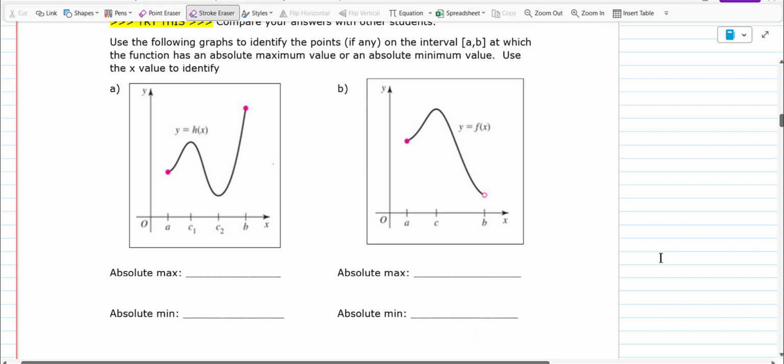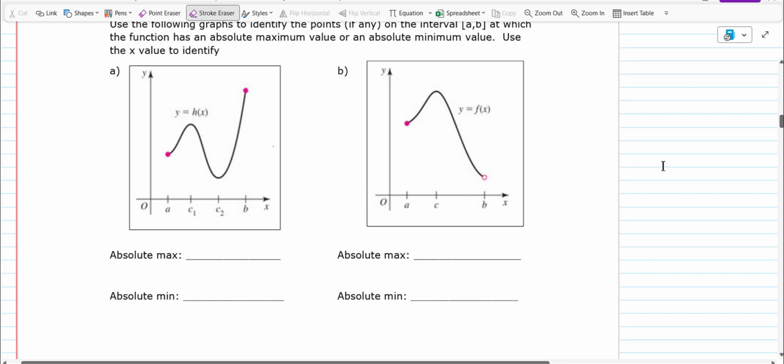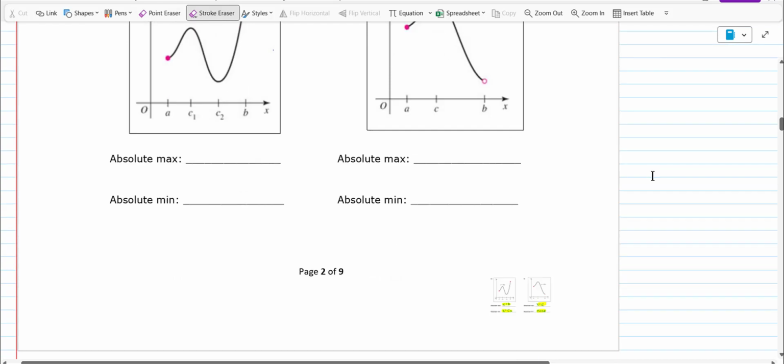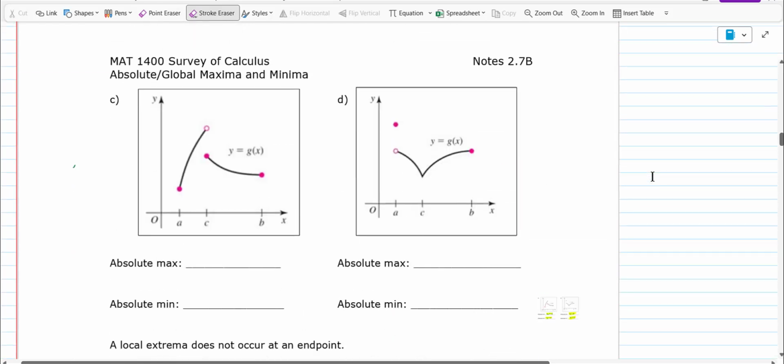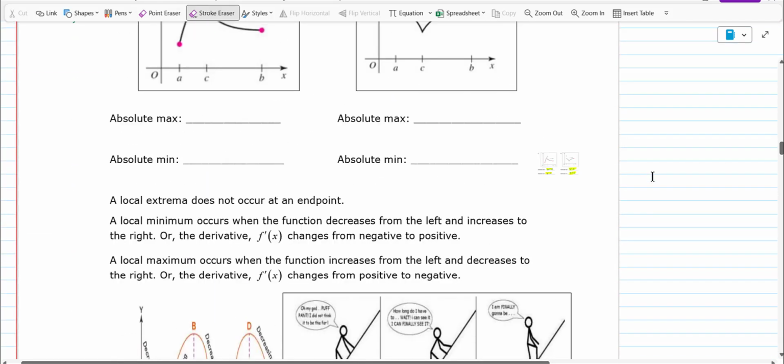The thing that you have to be careful about is the open bubble, okay? Some of these are going to have solid dots. Some of them are going to have open bubbles. And the absolute min and max can be anywhere. It could be at an endpoint, or it could be somewhere in between the endpoints of the interval. So I want to give you a minute to see if you can reason that out.